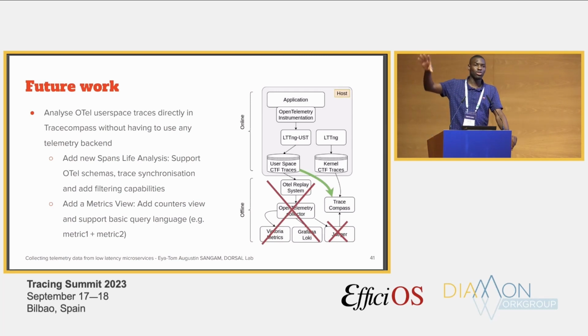And then he also has kernel traces, and since he knows in which thread the span was executing, he was able to show the thread status directly on the span view.